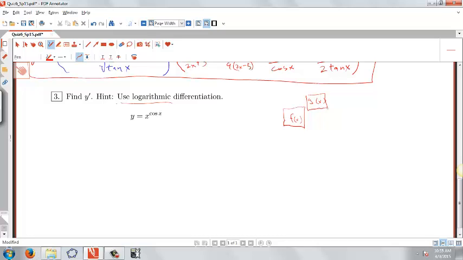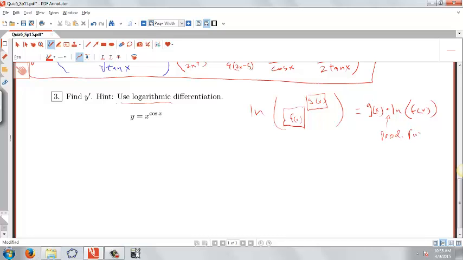Once I take the natural log of that, it's going to equal the function up here times the natural log of the function right here, of the base. And so when we take the derivative, we're going to have to use the product rule.